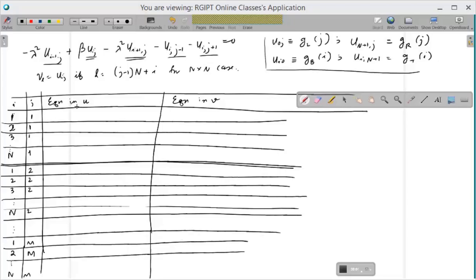All right, so let's write down these equations. When i and j are 1, it's going to look like minus lambda square u01 plus beta u11 minus lambda square u21 minus u10 minus u12, that is equal to 0. Then when you write this in terms of v's, you should notice that these are constants, known to me. u01 is 0j, which is glj, so this is known. u10 is known.